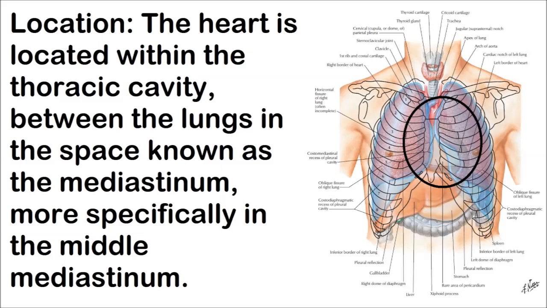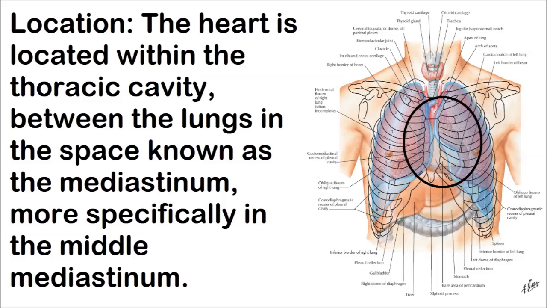Diagrams are very important because they help us to understand our concepts better. In the diagram, we can easily identify the heart, or we can easily locate the position of the heart. Also, I have encircled the position of the heart. These diagrams or images are from Netter's Atlas of Anatomy.